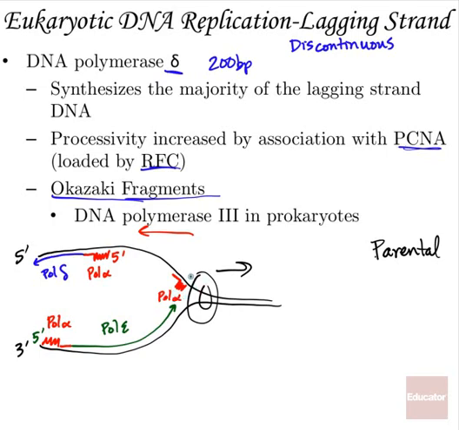This is its 5' end. And then we have pol delta coming in and going about 200 base pairs or so. Well, as the helicase is still there, we can't go any further. We need to wait for more of this single-stranded piece to come away. So if we just say that the helicase keeps going in that direction and is opening up more, let's say it's opened up more.